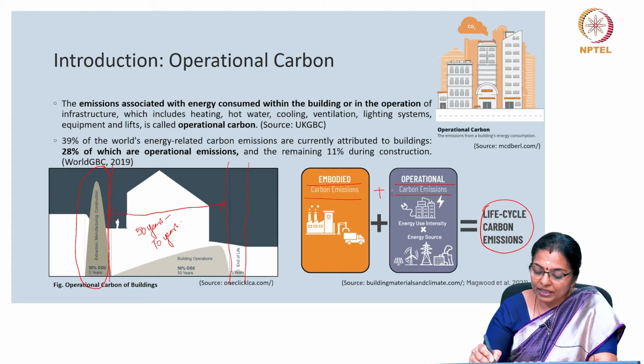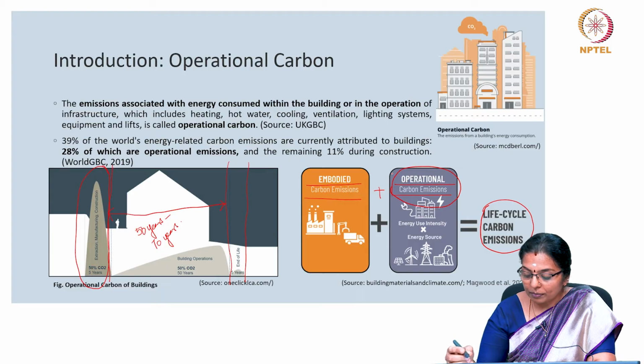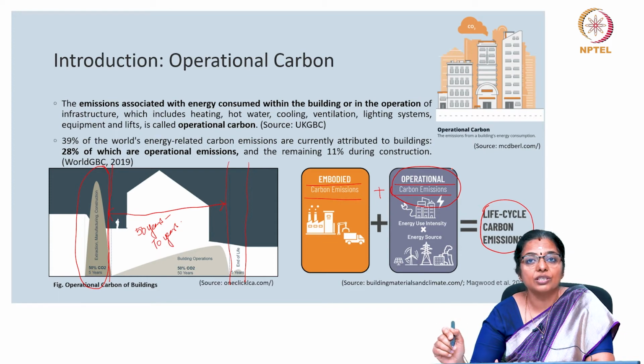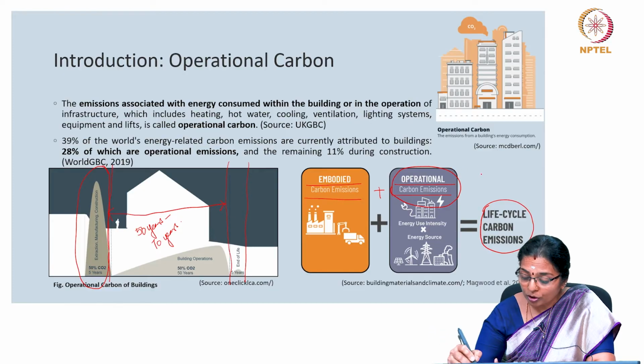And the operational carbon emission is dependent on how many years the building is used, along with all the contraptions that are used in the building which consume the energy. So, how much energy is the occupant consuming over a period of the building's lifetime.